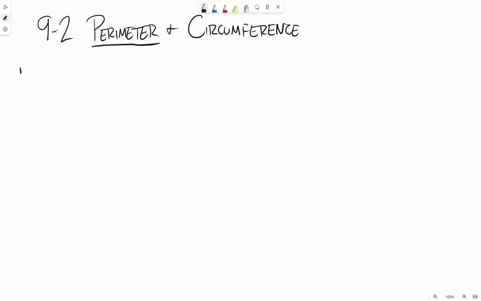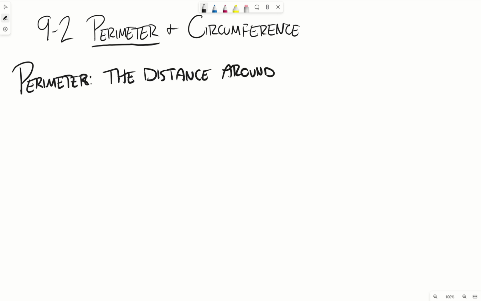Now, perimeter is the distance around a geometric figure. It's how far something is around the shape.